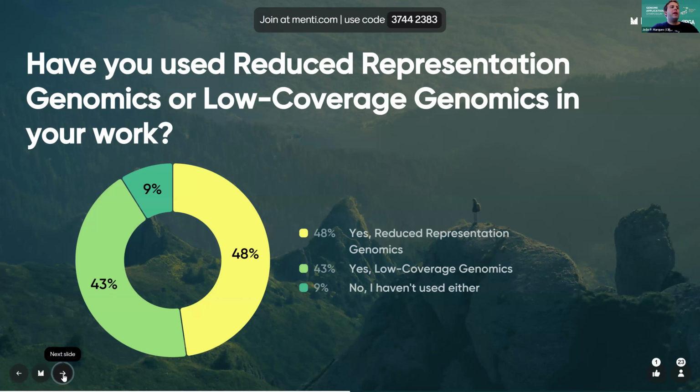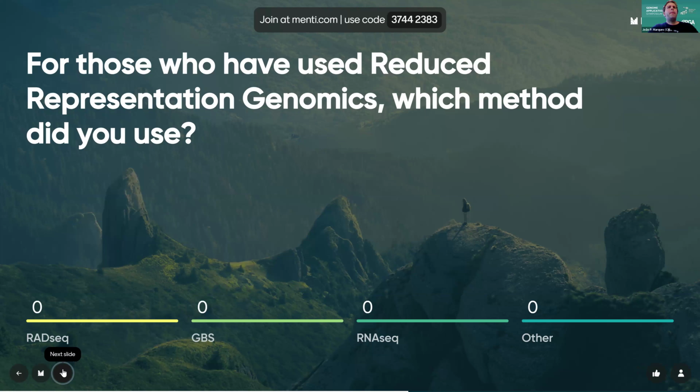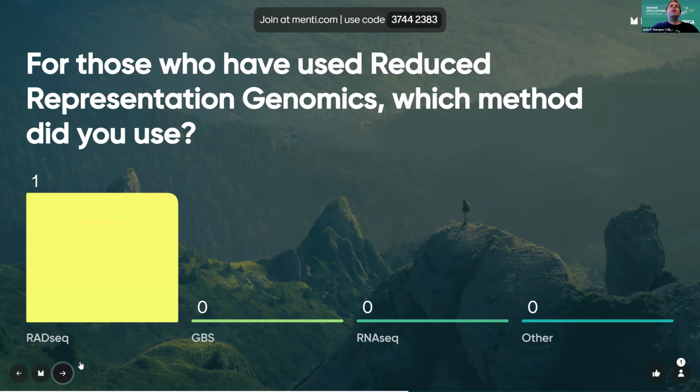Okay, and so I will ask from those that use reduced representation genomics, what method in particular?